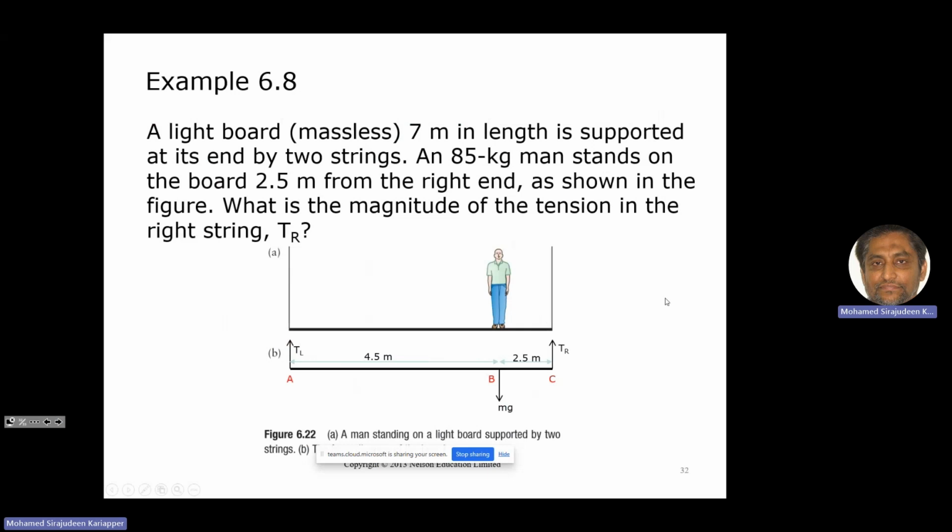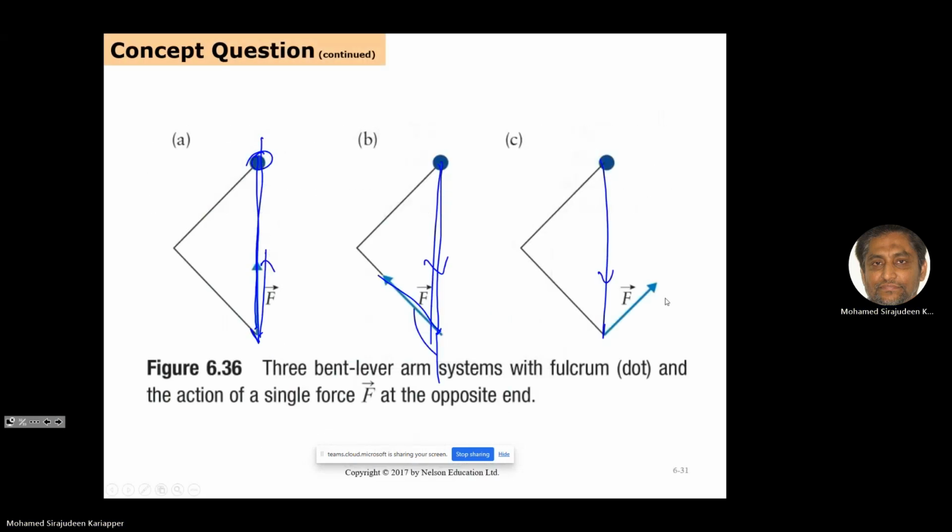A is in equilibrium. Is that the answer from the textbook? No. There is not a single force. This is the fulcrum. There are other forces at the fulcrum. So that is not correct. I am not sure. I don't think it is the answer from the textbook. I didn't check it myself.